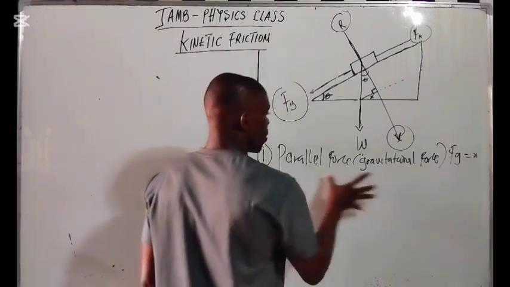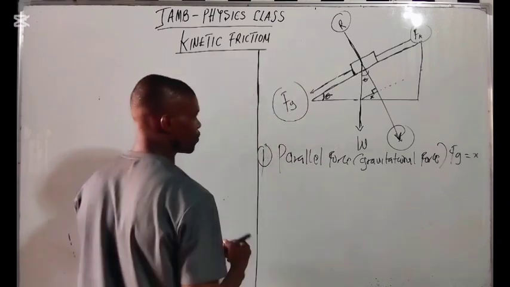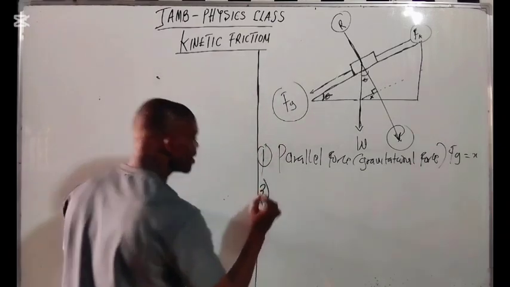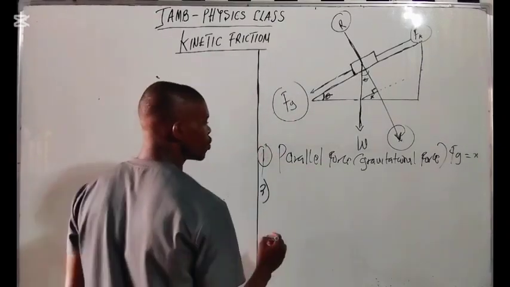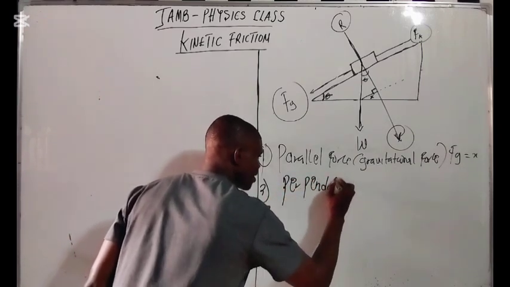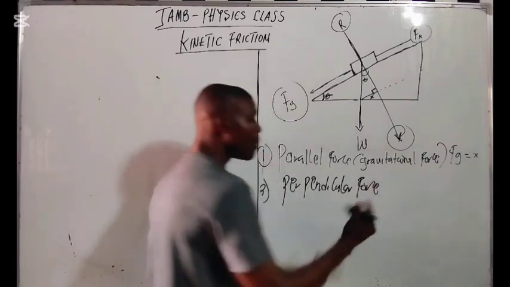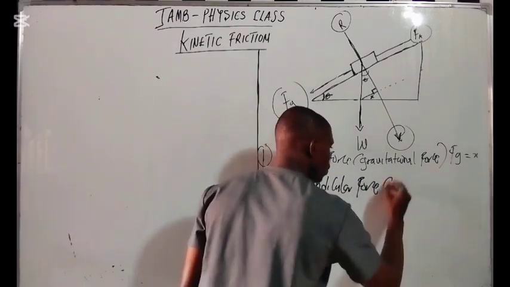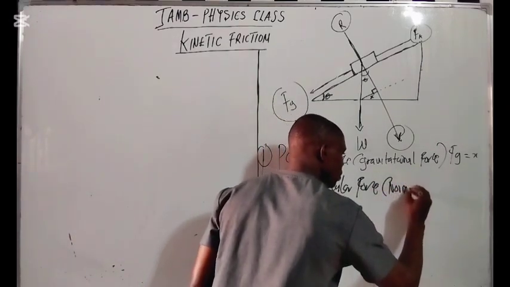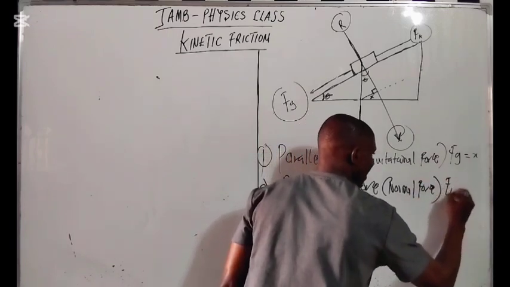So here we have taken the parallel force. Now number 2 is the normal force, the perpendicular force, which is called the normal force. The normal force is called Fn.